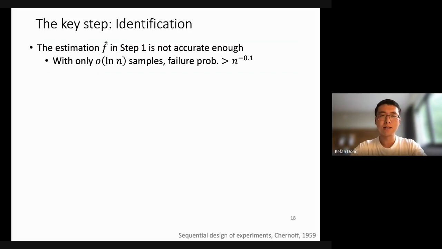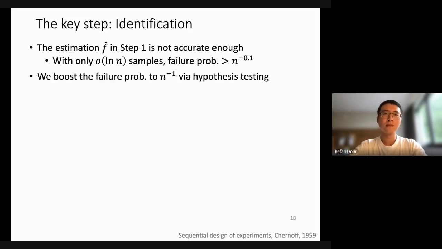With only small o of log n samples, the failure probability is at least inverse polynomial in n. Typically, to get a failure probability delta, you need something like log 1 over delta samples. So to get a failure probability 1 over n, we need log n samples. Therefore, in the second step, we boost the failure probability to 1 over n via hypothesis testing.